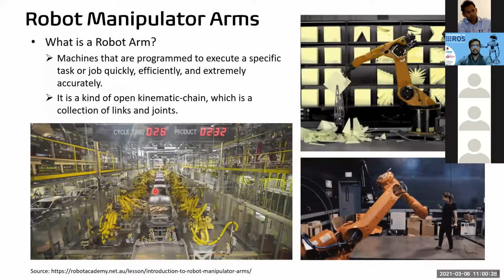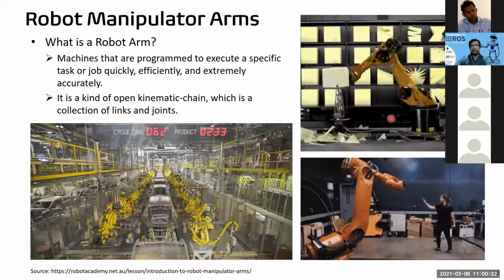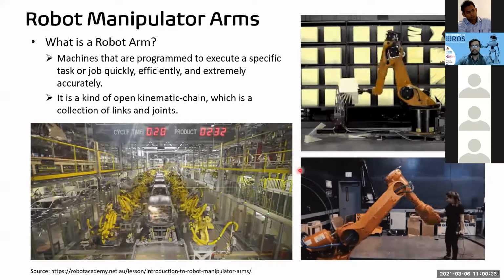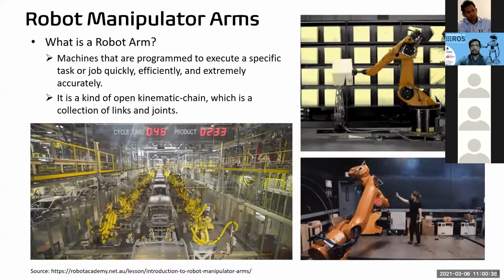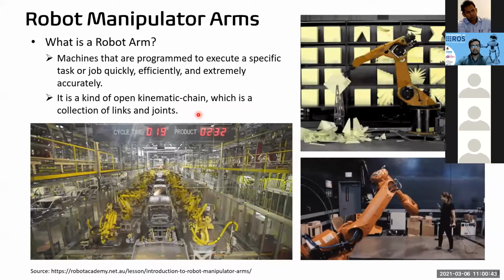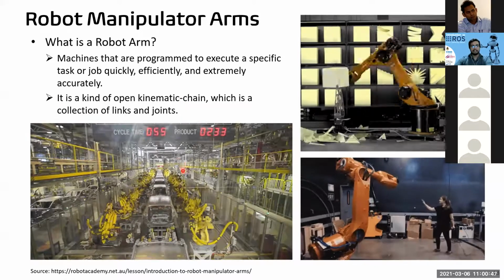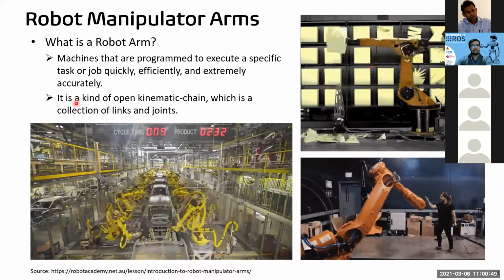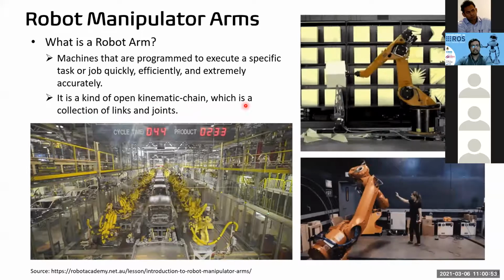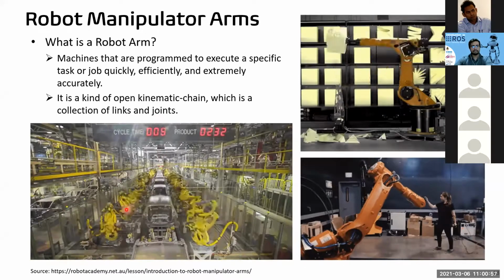So here you can see in an industrial car manufacturing plant, and even in other situations, these robotic arms are performing tasks very efficiently and very smoothly, which even humans might not be able to do at this specified rate. Definitely a very tough situation. And a robotic arm is actually a kind of open kinematic chain, which is a collection of links and joints.